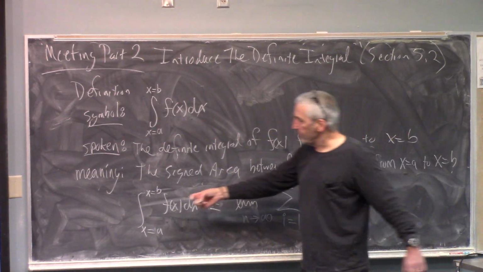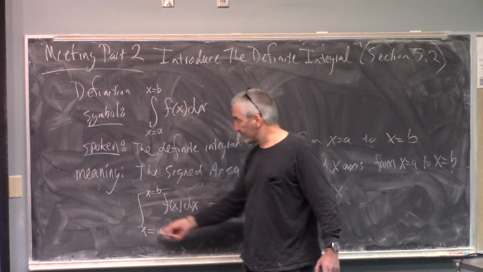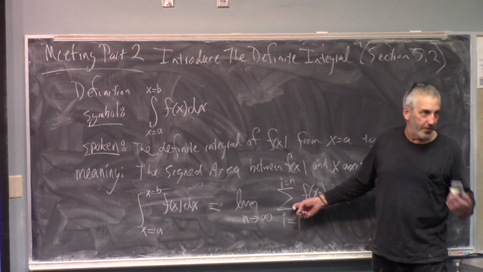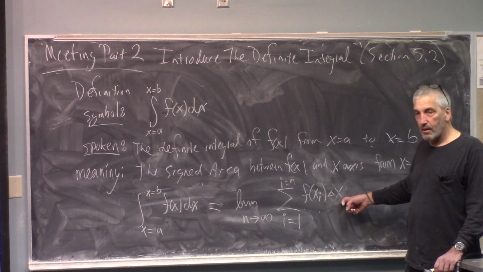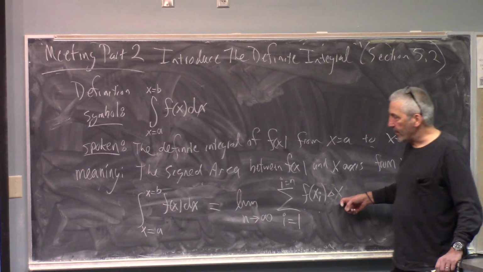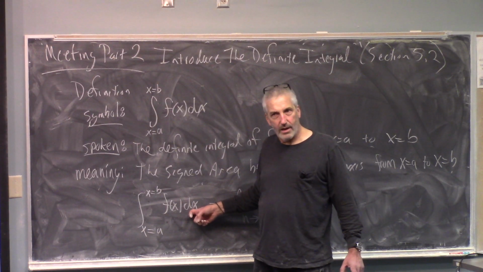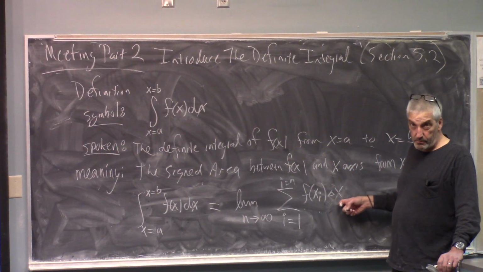So this smoothed out S is supposed to remind you that this is the result of a limit process. The limit of this jagged S is the way I think of it. And this delta x, that's the rectangle width. This dx is supposed to remind you that in the original summation there's a delta x.